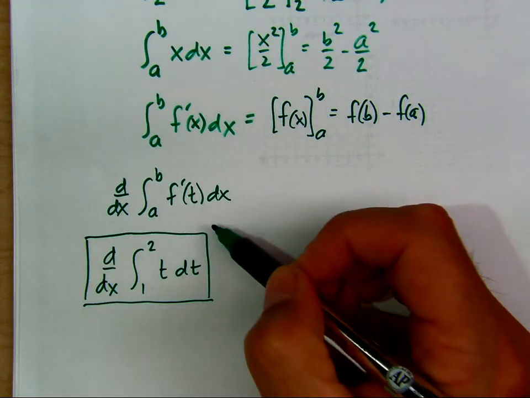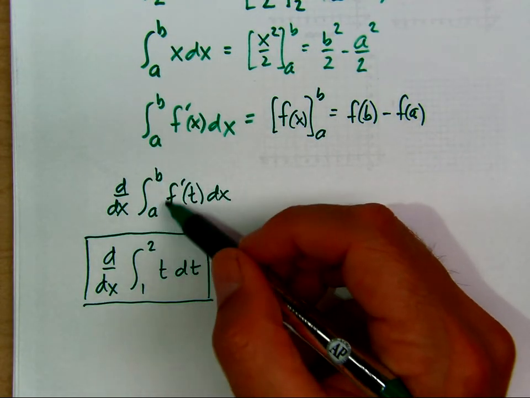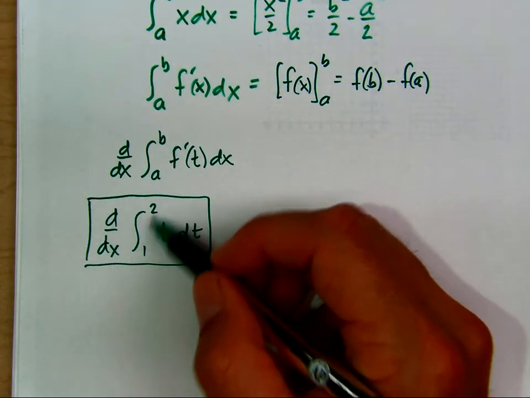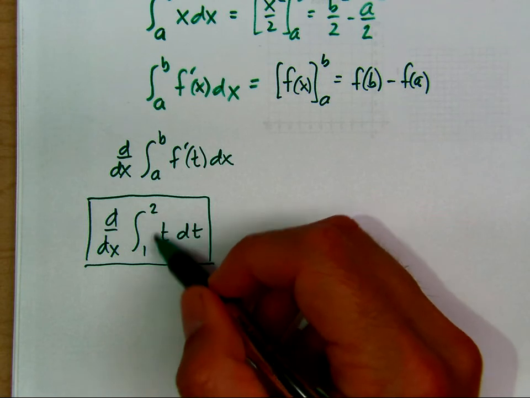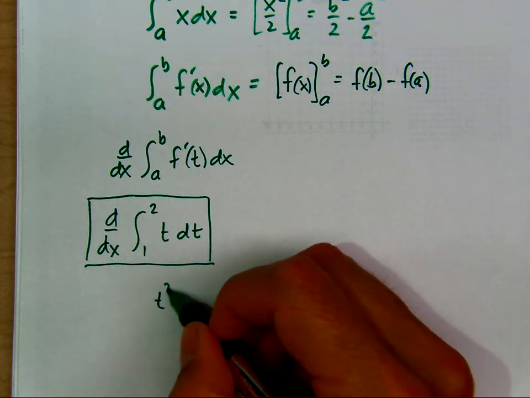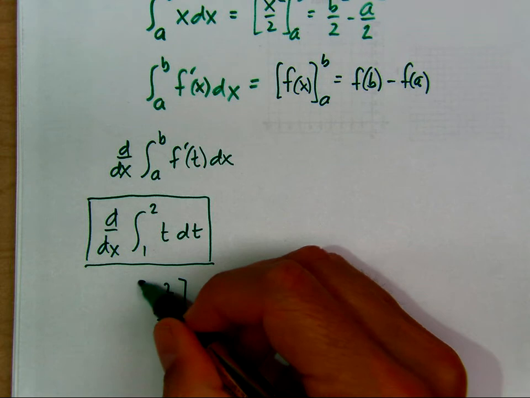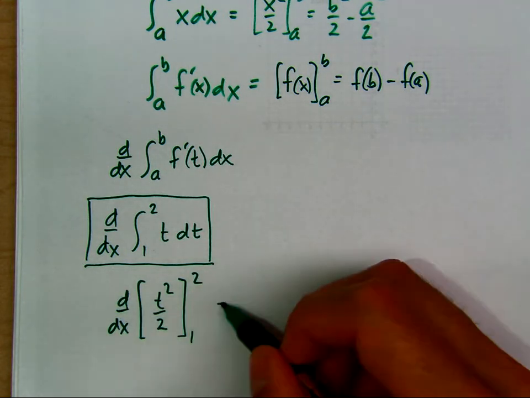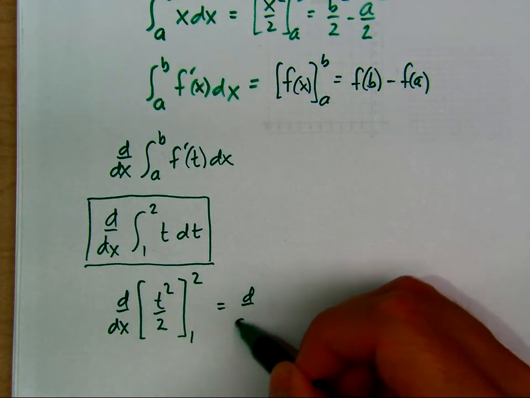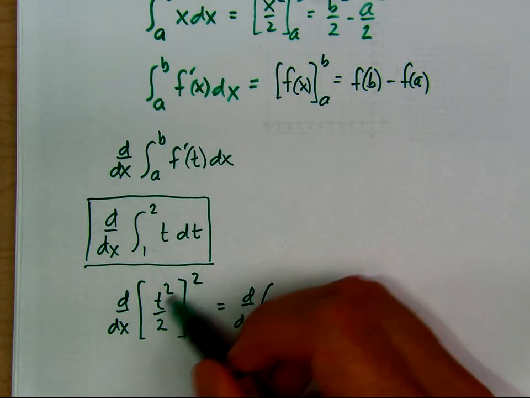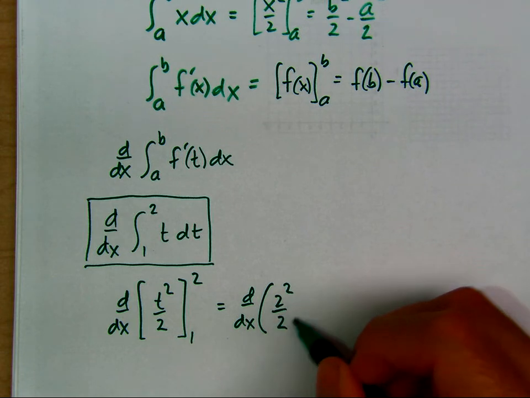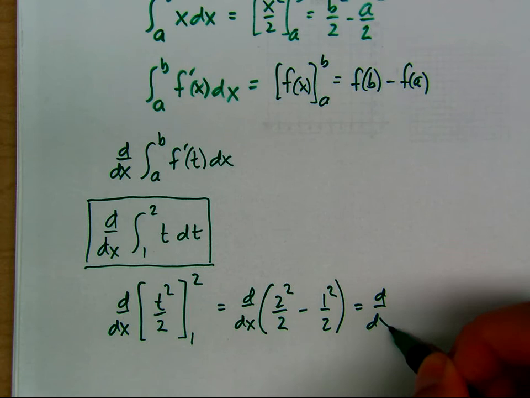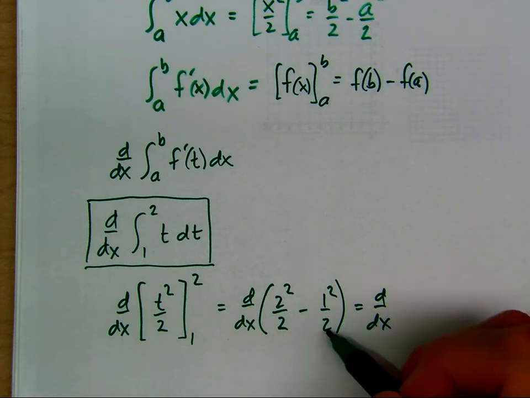I said that because these are constants, this will be 0. Let's see how that works here. And then the rest of the problems will have variables as the limits. So if we did the antiderivative, and we evaluate it from 1 to 2, still taking the derivative, the derivative of 2 squared over 2 minus 1 squared over 2, the derivative of 2 minus a half.